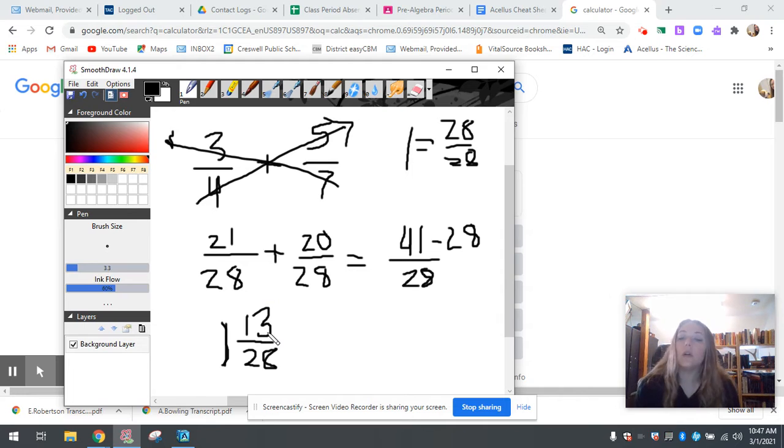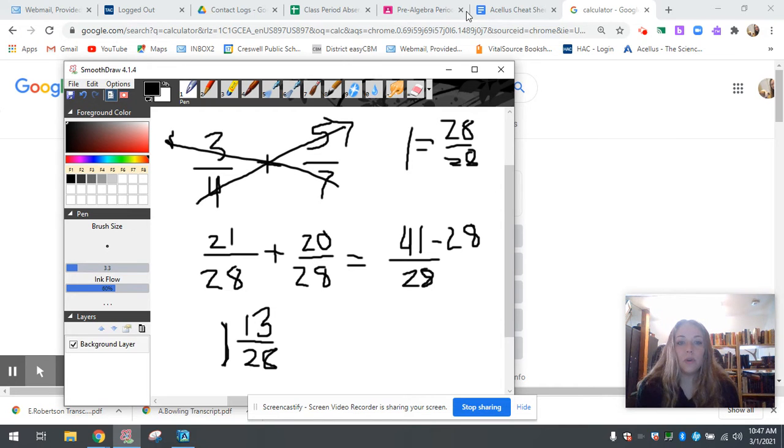Now, I would want to reduce this if I could, but 13 is a prime number, and 28 is not divisible by 13. So that is my answer. 1 and 13/28 is what you get when you add 3/4 to 5/7.